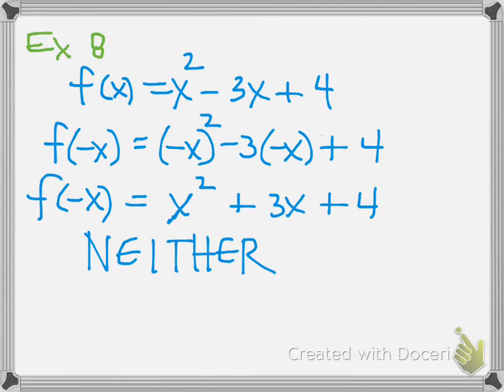If you compare this answer to the original, it's not exactly the same as how we started. So it's not even, and it's not everything opposite, so it's not odd. So this you call neither. All right, that's it.